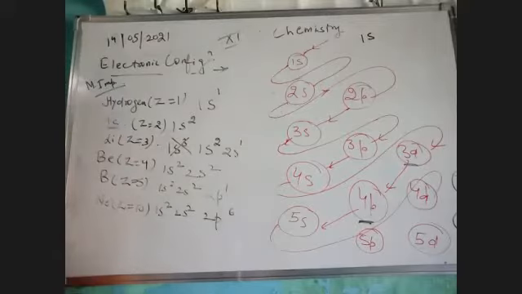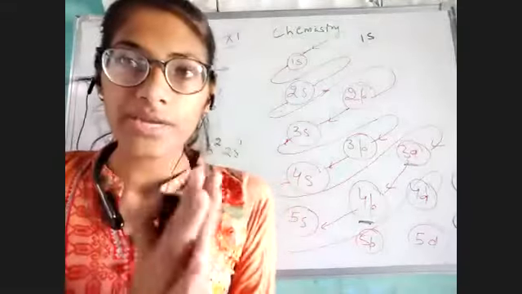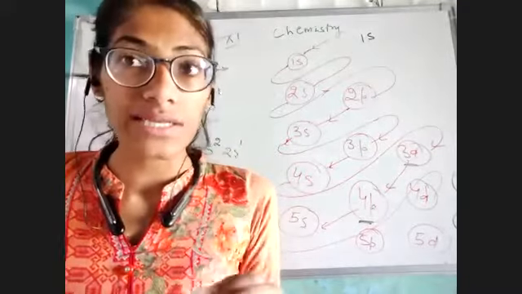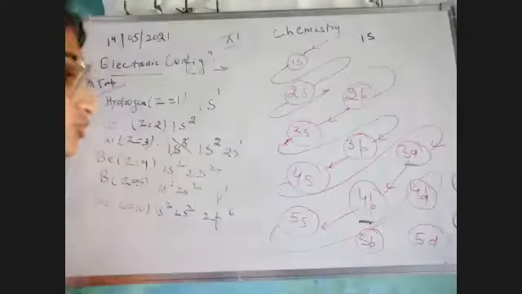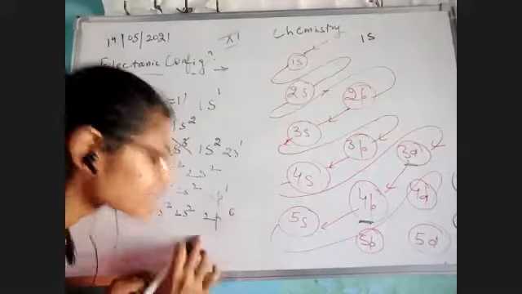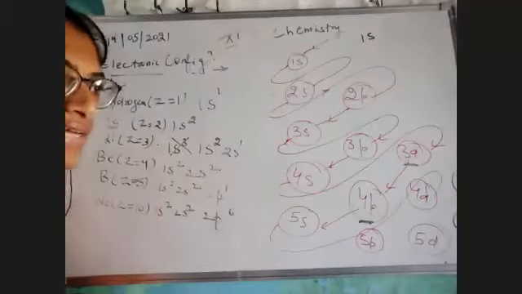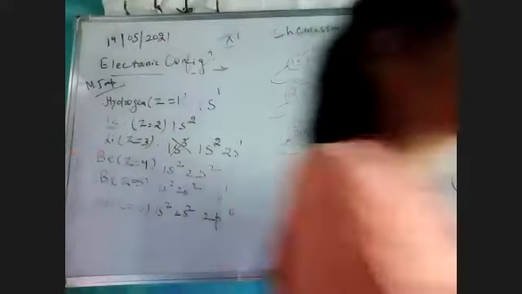Because I just told you that our p has 3 different atomic orbitals, and each atomic orbital has the tendency to maintain 2 electrons. So there must be 2p6. This is completely filled. Now no more extra electron can come to 2p. Okay, that's all about it.